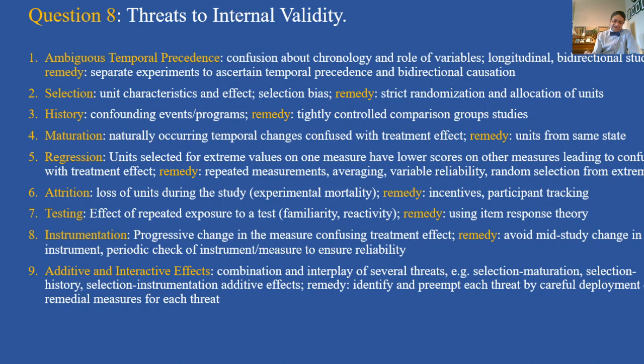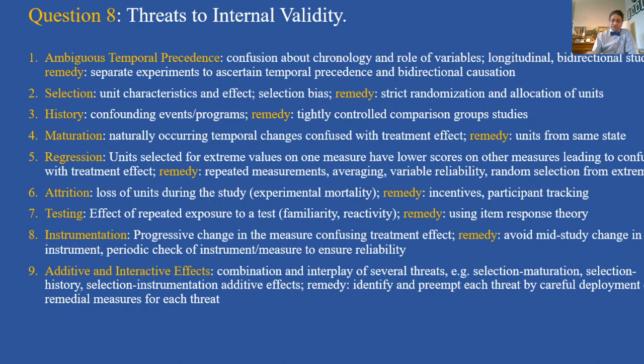Threat number 6 is attrition, which we've seen earlier, is also a loss of units in a study, which leads to attrition and also creates artificial selection bias, which will obviously have an adverse effect on the outcome. So, for example, when a wrong therapy is used in counseling, which will lead to attrition.